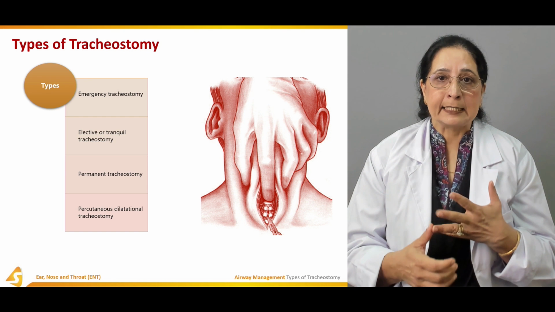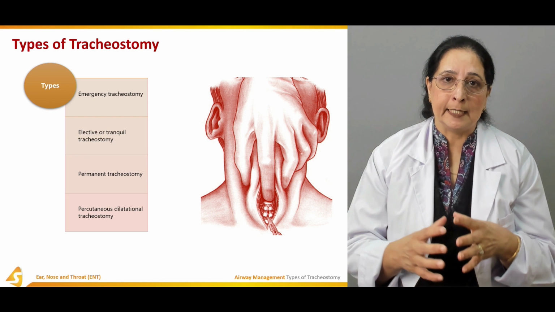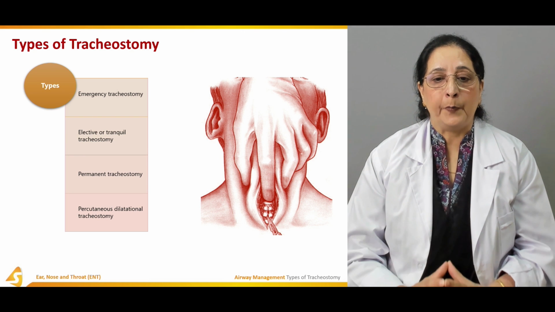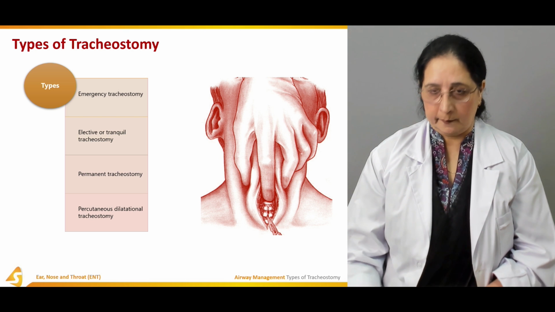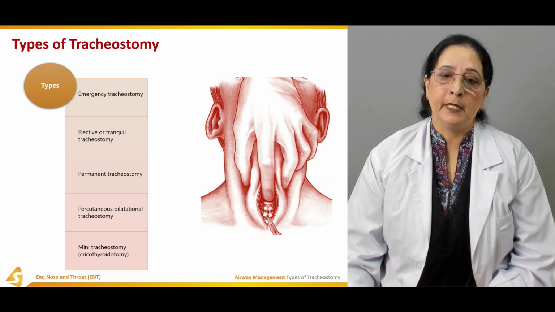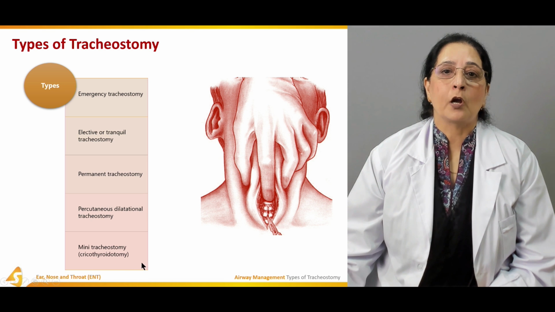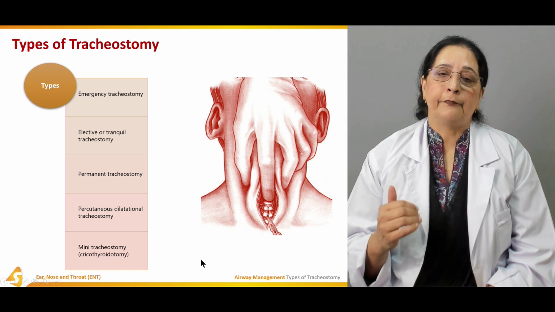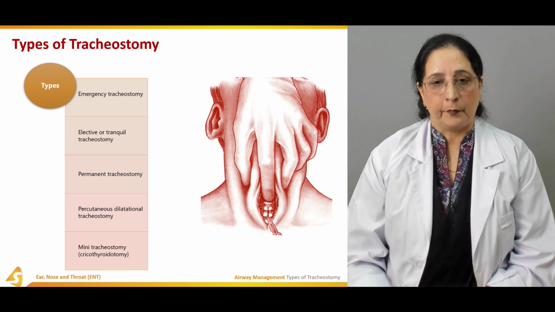Emergency, elective, permanent, which cannot be removed later on and it stays. And then we have percutaneous dilational tracheostomy. Mini tracheostomy, which is also known as cricothyroidotomy. So these are different types of tracheostomies that we can perform.